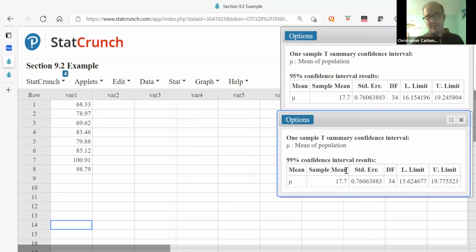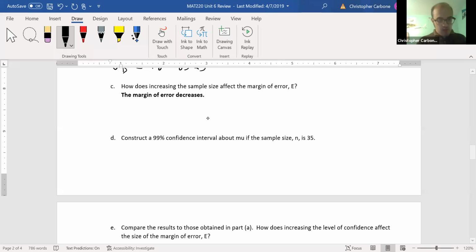And we could see that this one expanded our interval, made it bigger. 15.6247 for the lower limit, and upper limit to be 19.7753. So lower bound 15.6247, and upper bound 19.7753.